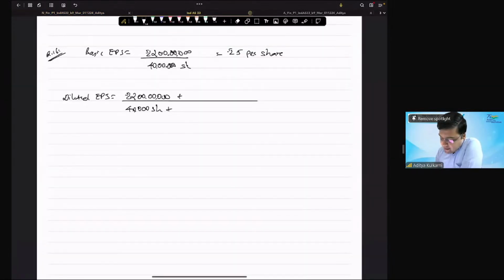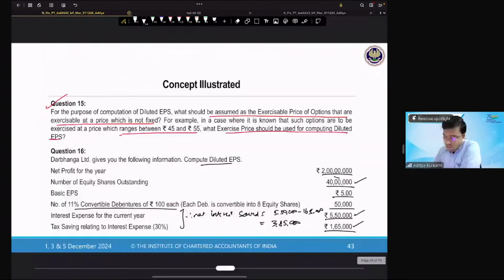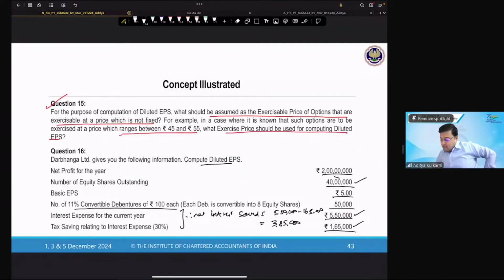So basic plus rupees 3,85,000. And this will be divided by how many shares? What are the additional convertible shares? Each debenture is convertible into 8 equity shares. Is it okay? Yes, sir.